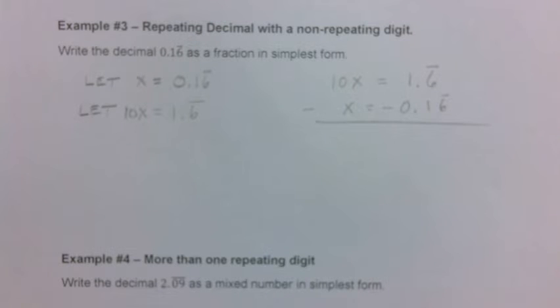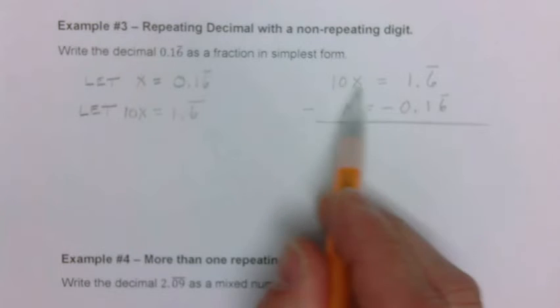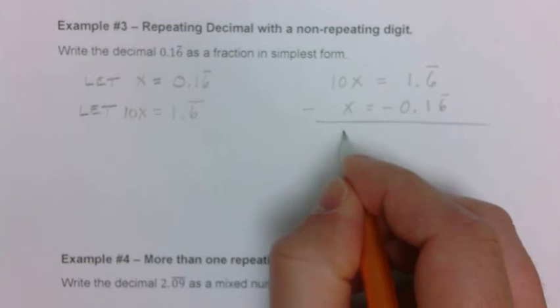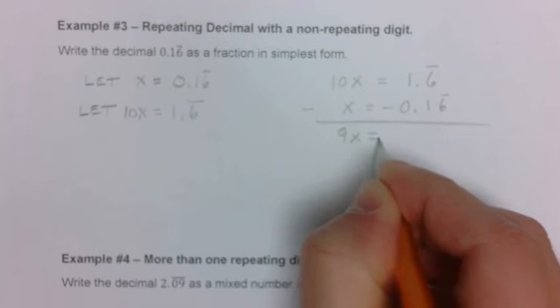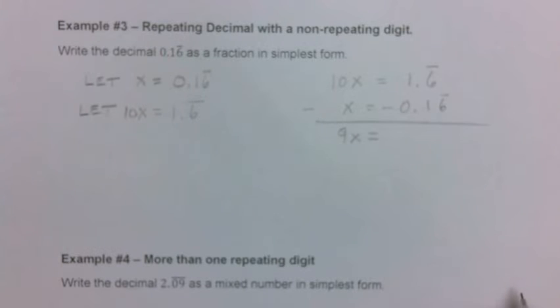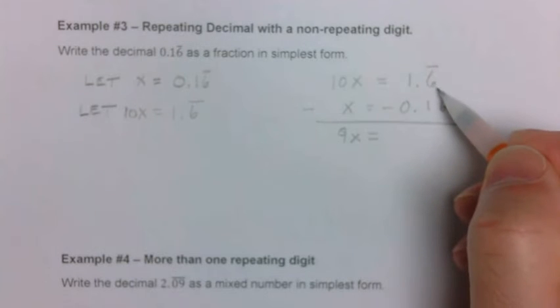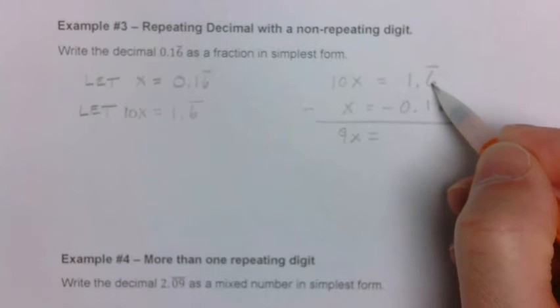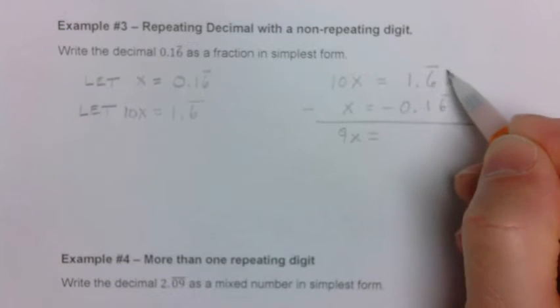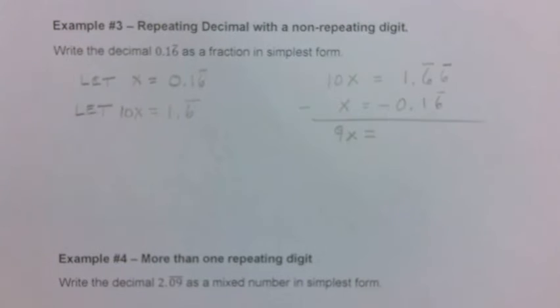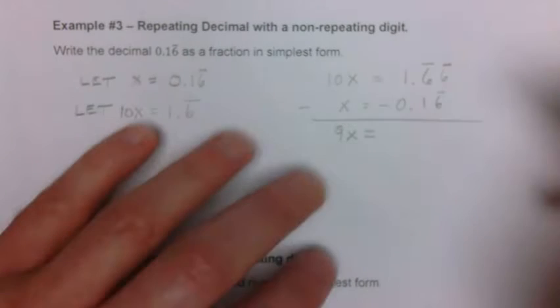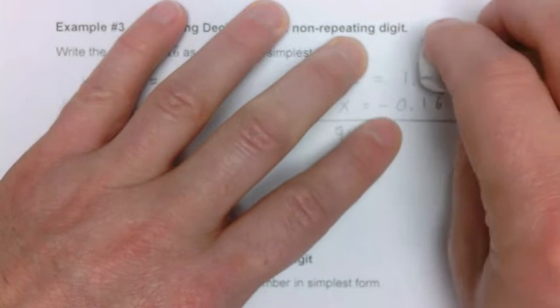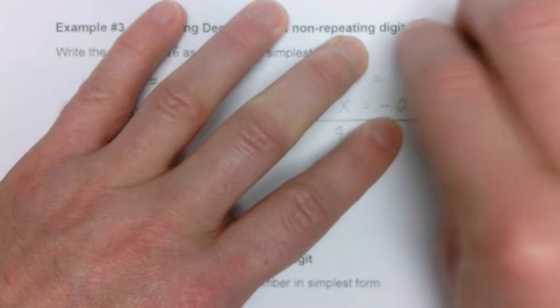Looking at the right-hand side of the equal sign, 10x minus x is 9x. And now on the other side, this 6 repeats forever. So after this 6 is another 6, which is going to repeat forever, so I can actually go ahead and remove the bar from that first 6.